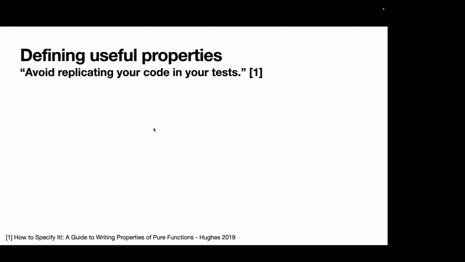So there's a really neat paper called How to Specify It, A Guide to Writing Properties of Pure Functions, by the guy who invented QuickCheck. And he says, okay, how do we actually come up with good properties? He observed after a decade plus of using this in industry that people start writing property-based tests that reproduce the original function in the test.